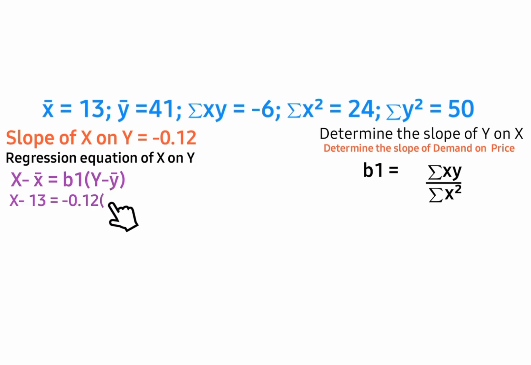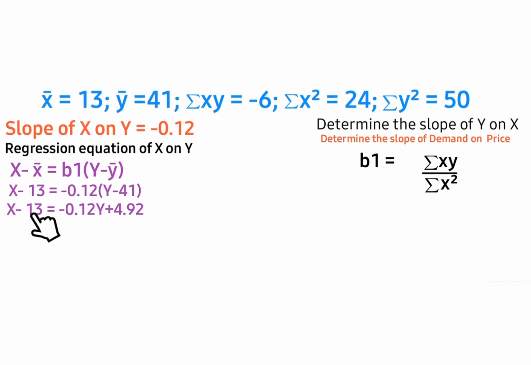Then open bracket here, y minus y mean we got 41, then close bracket. Going forward, we have x minus 13 equal to minus 0.12 times y. Of course, that gives us minus 0.12y. Minus 0.12 times minus 41, we have plus 4.92. Plus, in the sense that minus times minus gives plus, right?